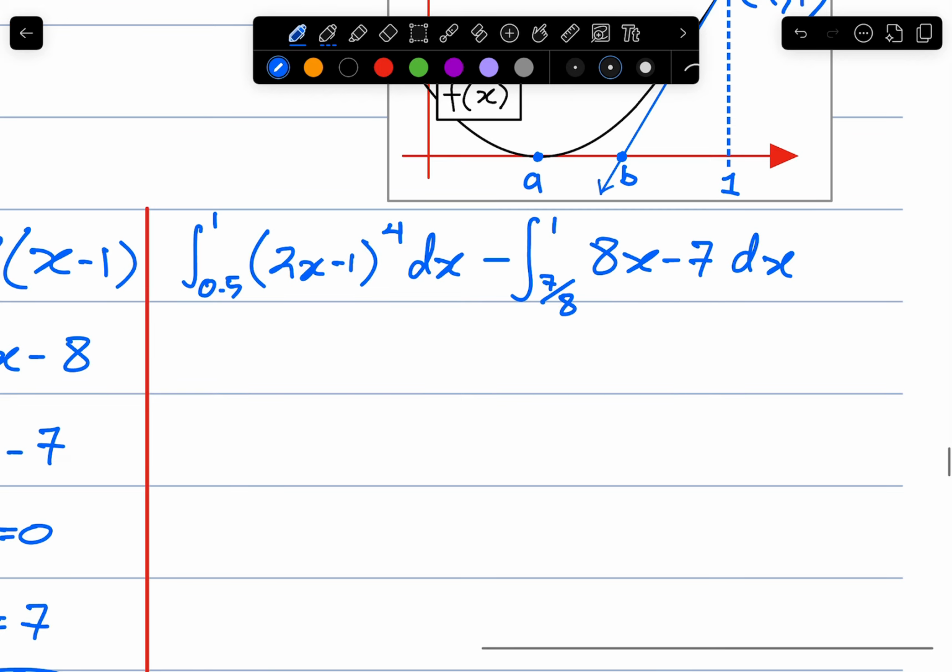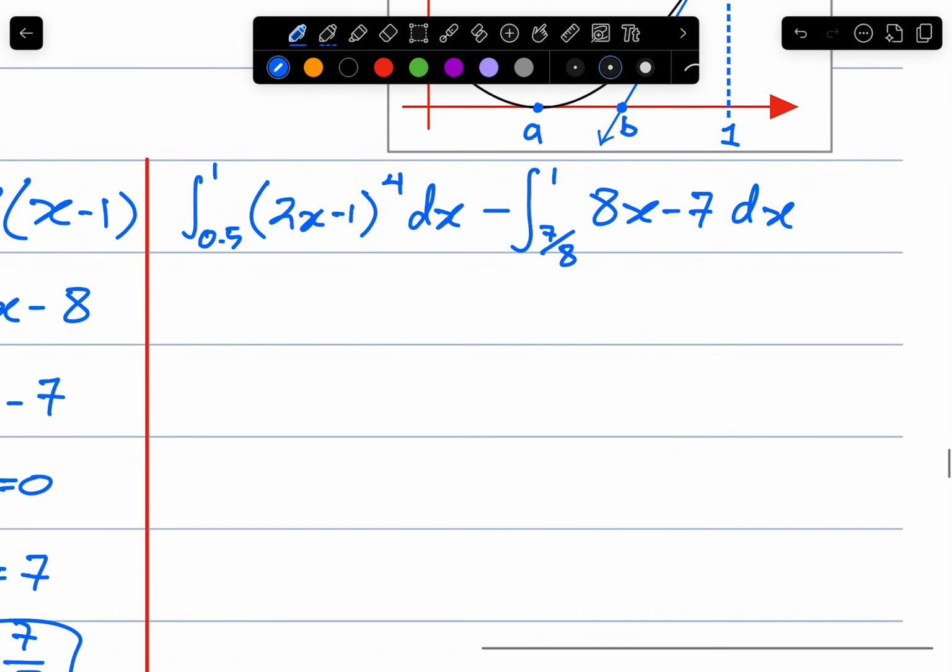And now that we have this, we can finally solve our actual area.